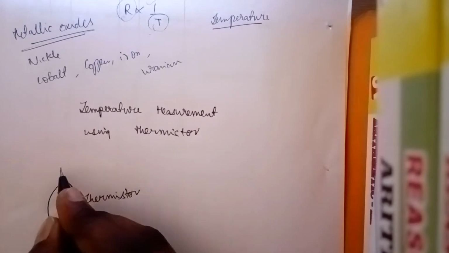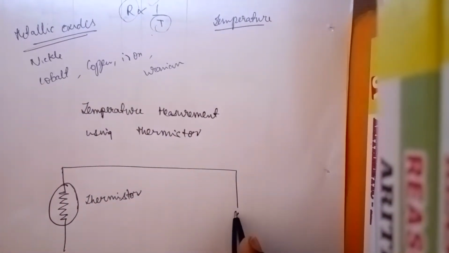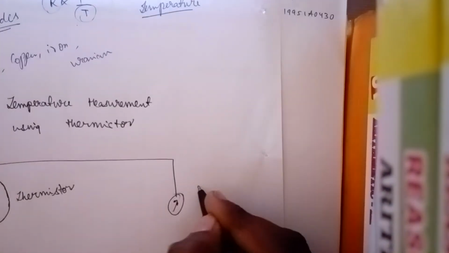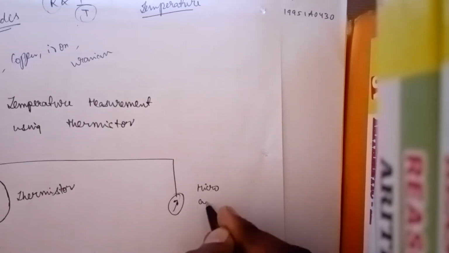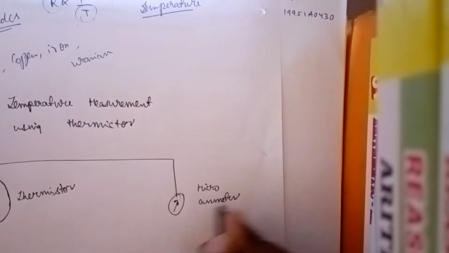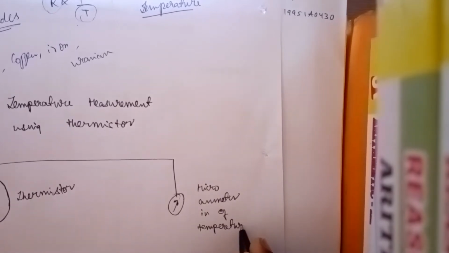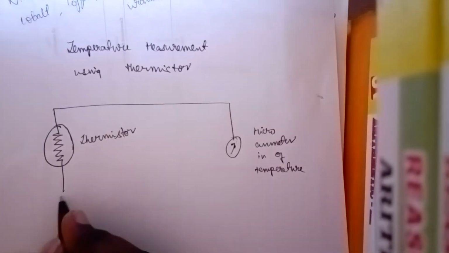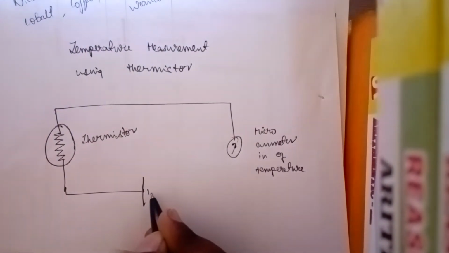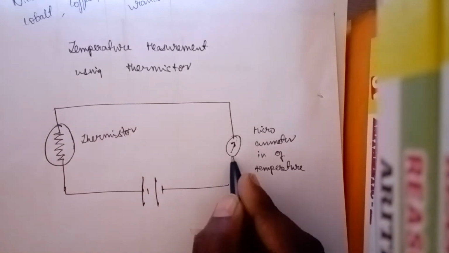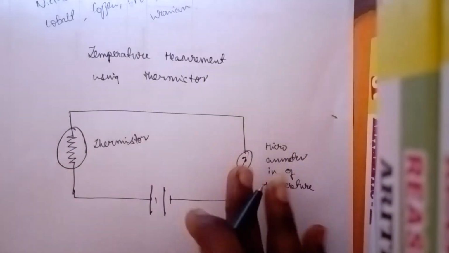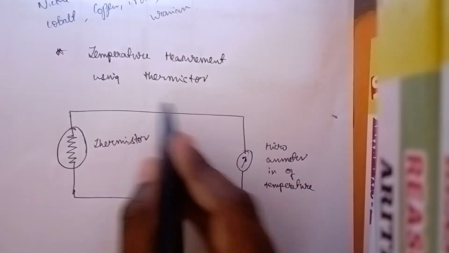It is connected like this, and here we will have our measurement instrument, a micro ammeter, in order to measure in terms of temperature. Next we have to give a power supply to this. So this is the entire circuit diagram for temperature measurement using thermistor.